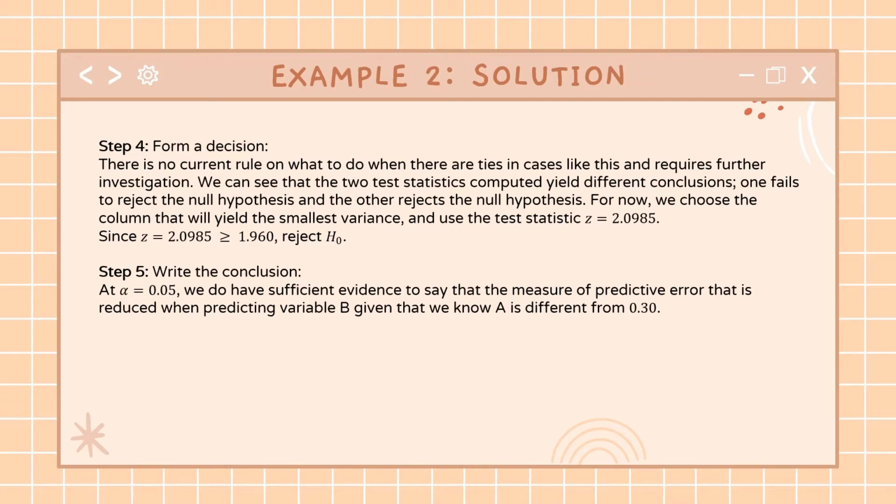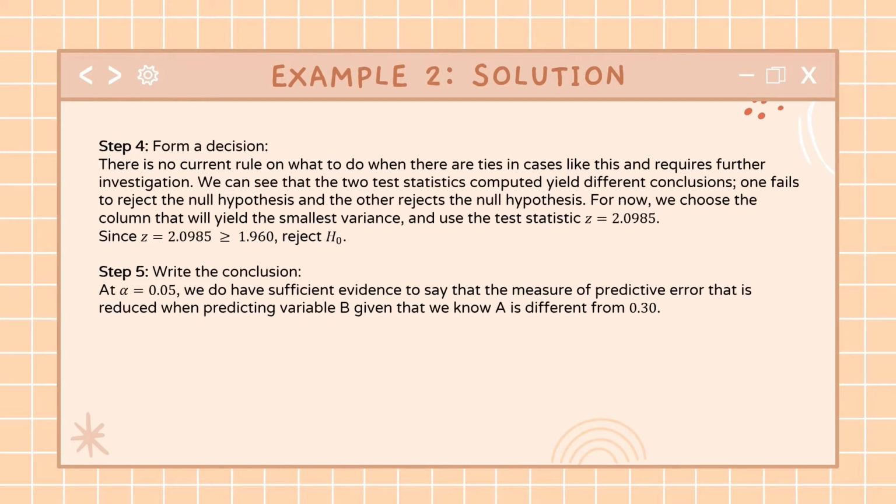We can see that the two test statistics computed yield different conclusions. One fails to reject the null hypothesis since mas mababa yun 1.78 sa 1.96, and the other rejects the null hypothesis. For now, we choose the column that will yield the smallest variance.